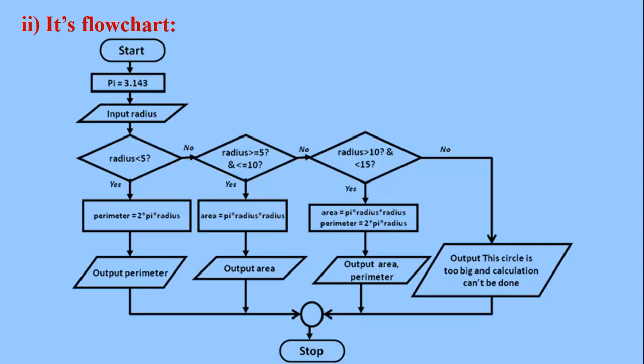If that condition is not met also, an action will be taken to display that message. So in whatever circumstance, a certain condition has to evaluate to true for an action to be taken. Otherwise, an action will be taken, for example, one which displays a message like the circle is too big and the calculation can't be done.